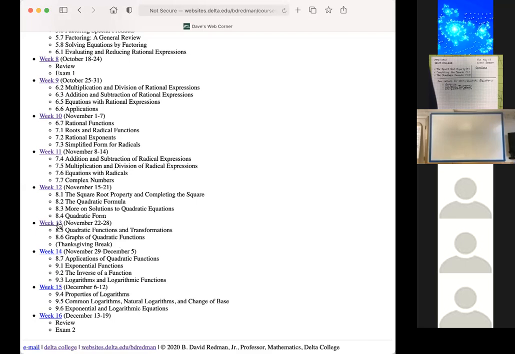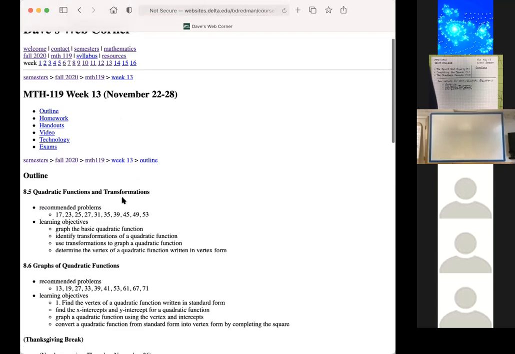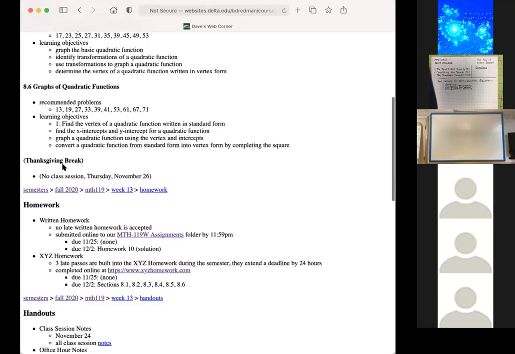And on Wednesday, Thursday, Friday, classes are not meeting for Thanksgiving break. Our class meets on Tuesday, Thursday. That means we will meet on Tuesday, but not on Thursday. So we have 2 sections we'll cover next week, and then we have Thanksgiving break, no class session on Thursday, November 26th.